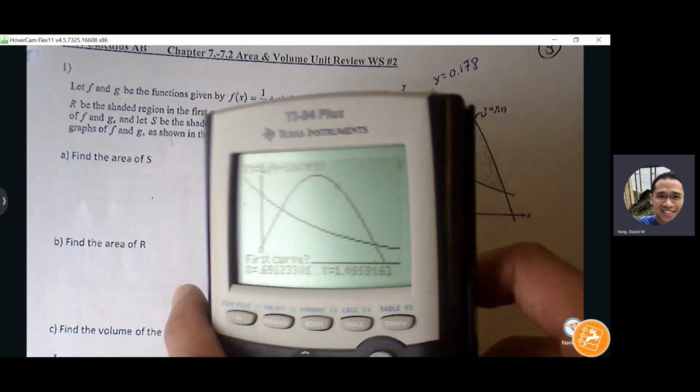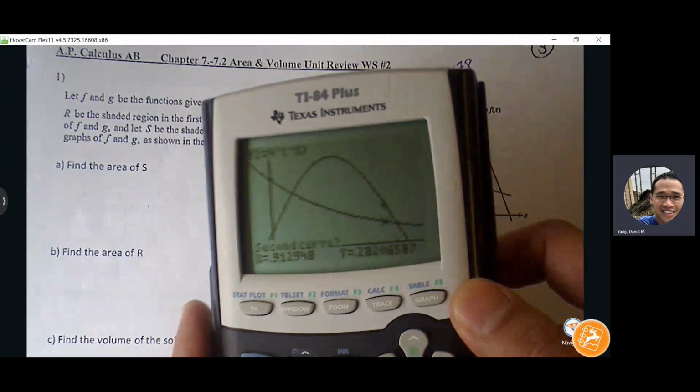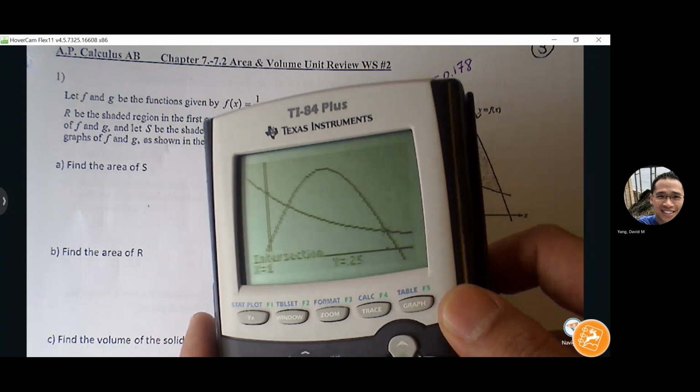Now I'm going to move closer to the other intersection so that the calculator knows what I want to find, just one.